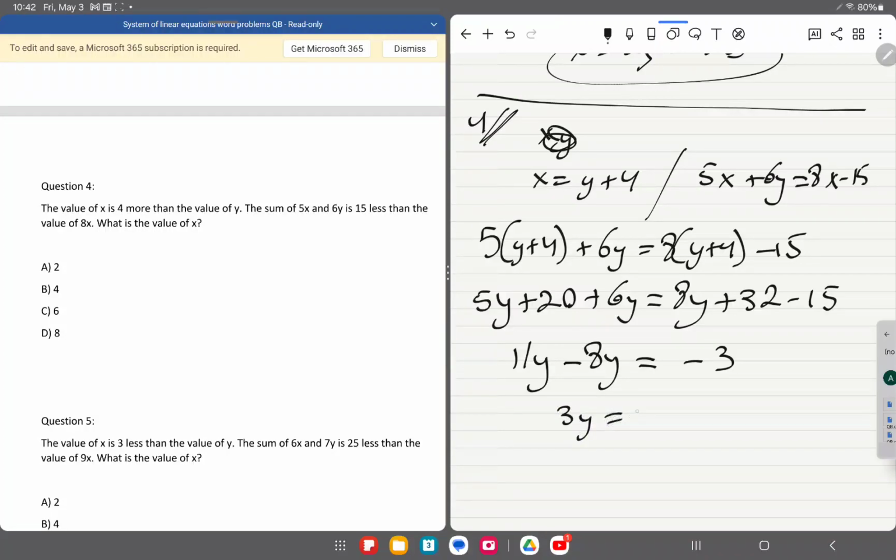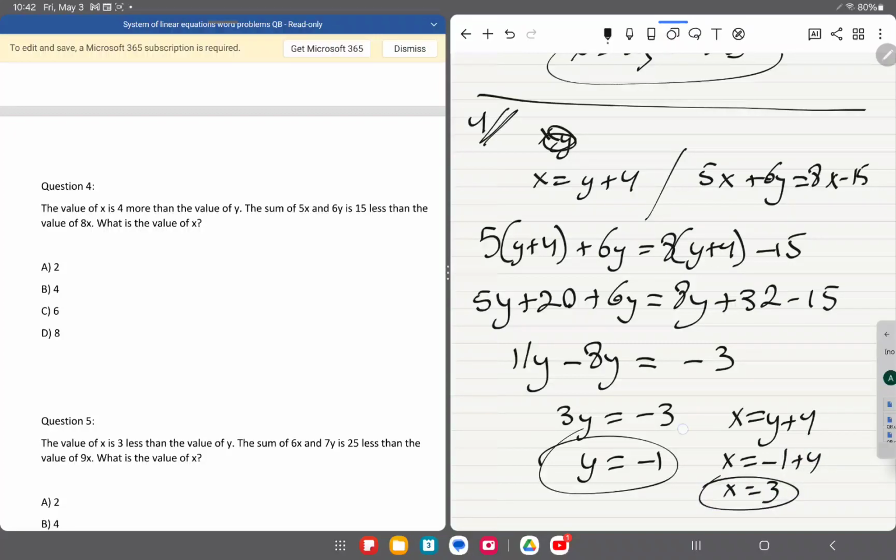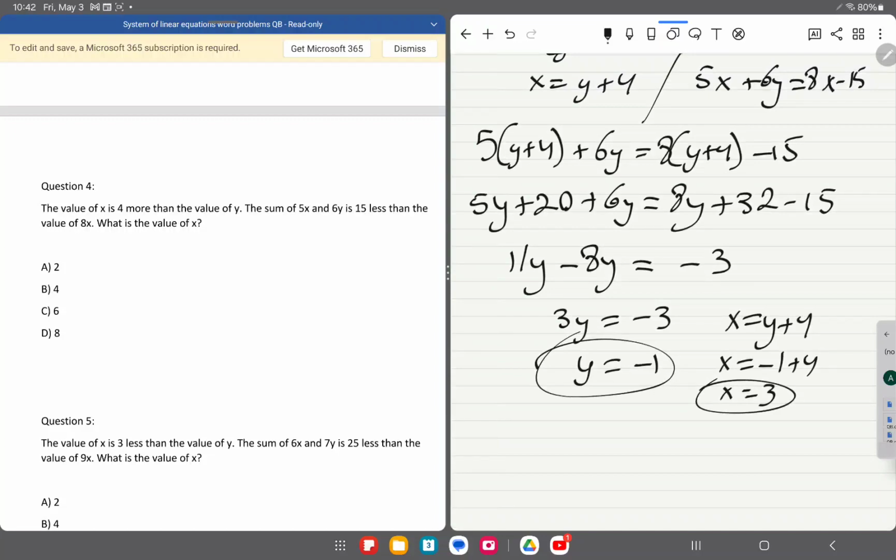So 3y is equals to minus 3, y is equals to minus 1. But I want to get x. x is equals to y plus 4, x is equals to minus 1 plus 4, x is equals to 3. Again, it's not there.